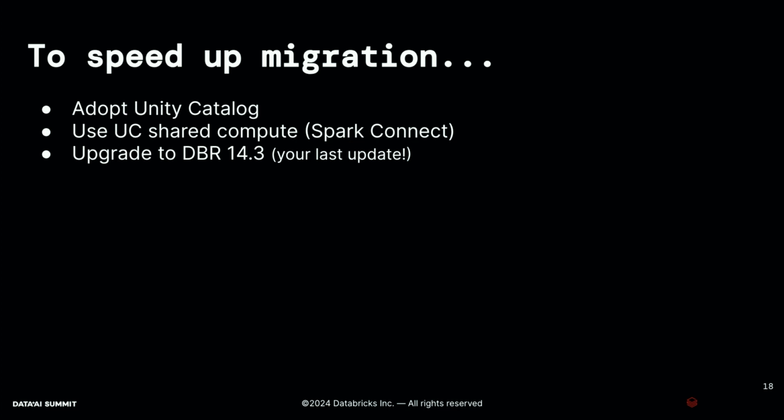Just really quickly, because I haven't mentioned this elsewhere, Spark Connect just separates out client and server. So it means we can run the actual Python separately from where we run the driver, which provides security isolation. Finally, I recommend people upgrade to DBR 14.3, our last long-term stable release. This will be your last DBR update. So please come with us one last time, and then from here on out, it's going to be our problem to do this for you.